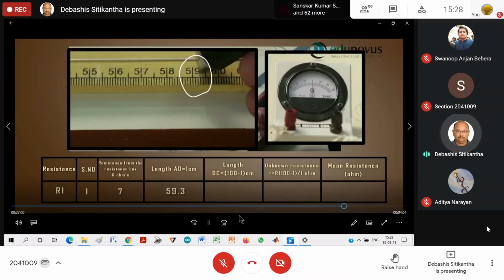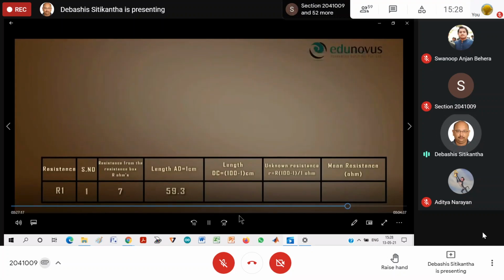This length of the wire is the balancing length AD, L centimeters. Therefore, length DC is equal to 100 minus L centimeter, which is 100 minus 59.3 centimeters. Therefore, length DC is equal to 40.7 centimeters.